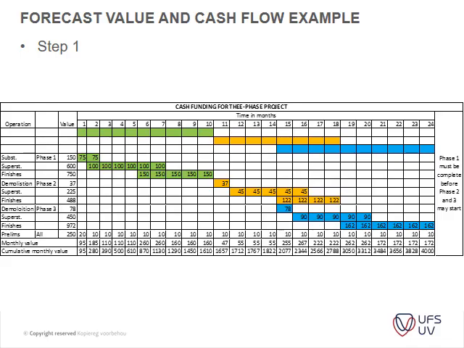Okay, putting that onto a graph. So we've got phase 1, phase 2, phase 3, and then we've got substructure, superstructure, finishes, all in this one. So you can see that we've got our expenditure for phase 1 for month 1. We foresee for our substructure an expenditure of 75, and then 75 for the next month.